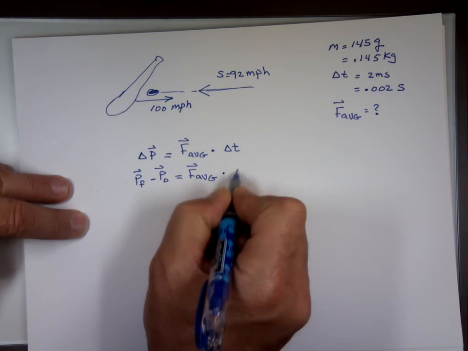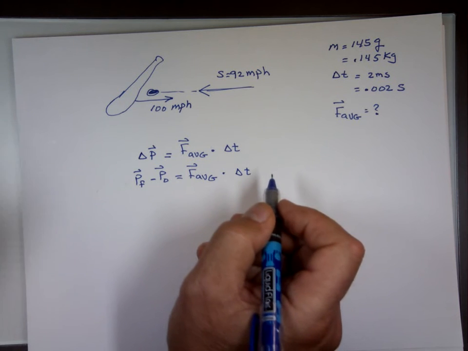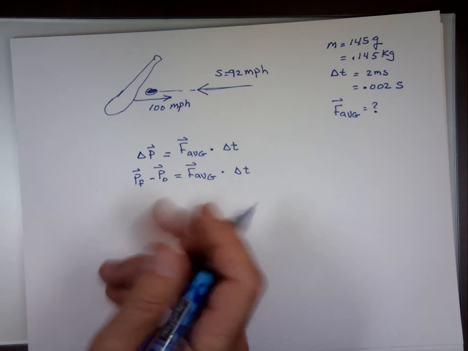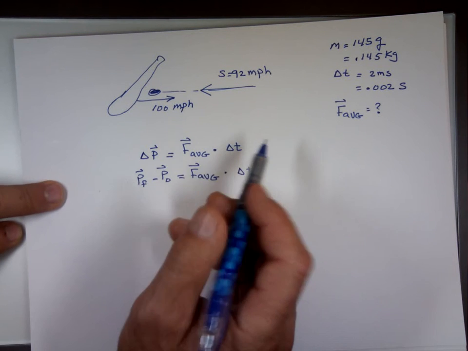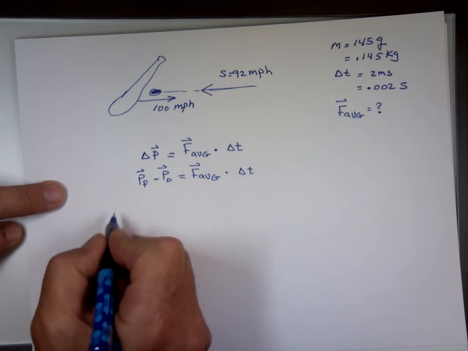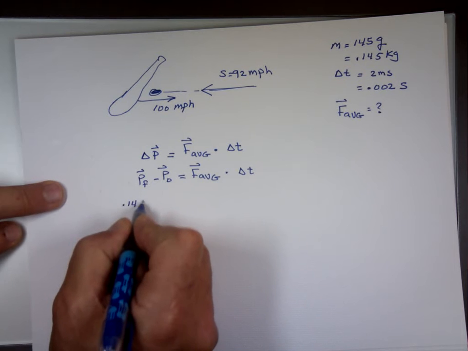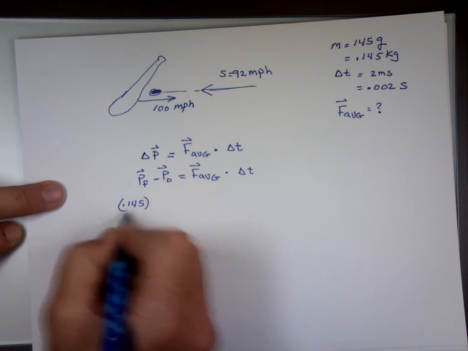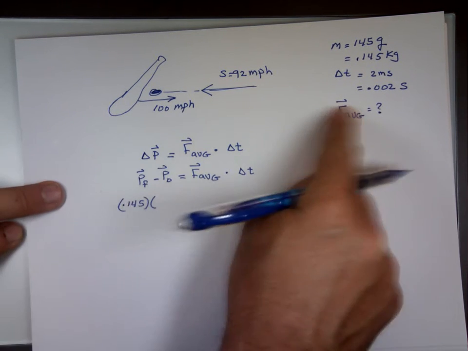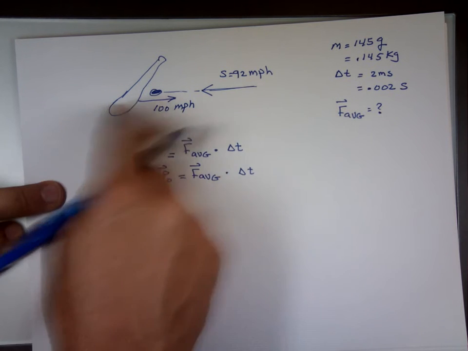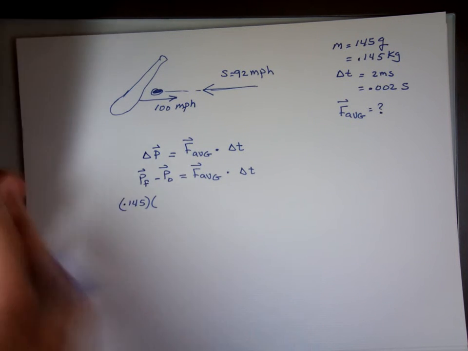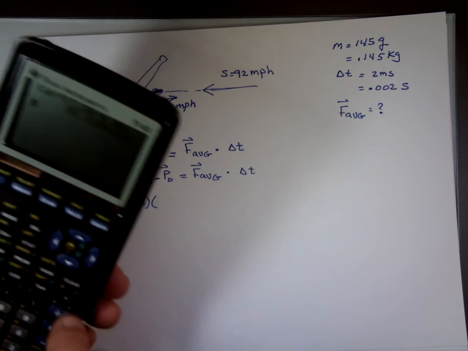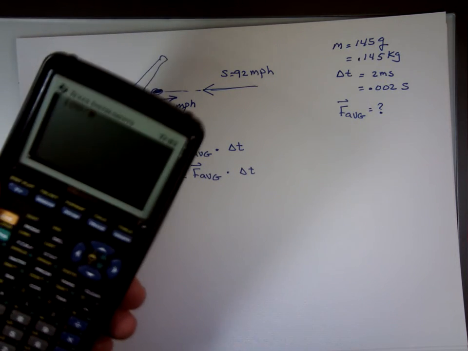And what is the momentum? It's mass times velocity. Now let's look at this. What was the mass of the baseball? 0.145. What was the velocity or the speed of the baseball leaving, final, when the batter hits it? That's 100 miles per hour. How many meters per second? 100 divided by 2.24, 44.6.